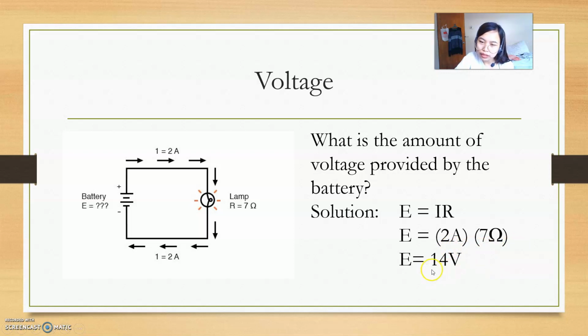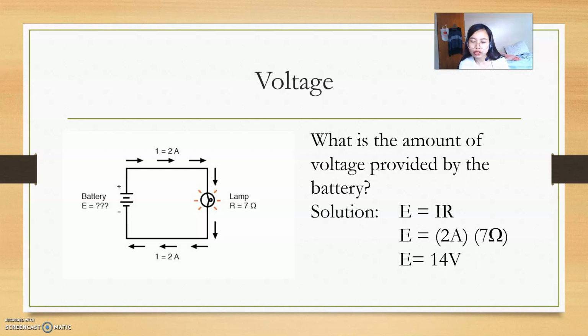So you will come up with 14 volts. E is equal to 14 volts. It's very easy. Again, if we're going to solve for the voltage, you just need to multiply the current and the resistance.